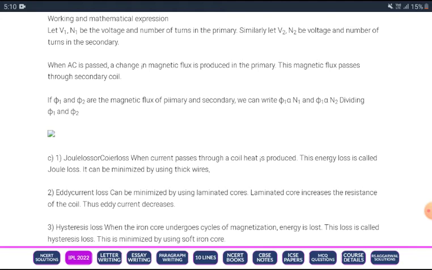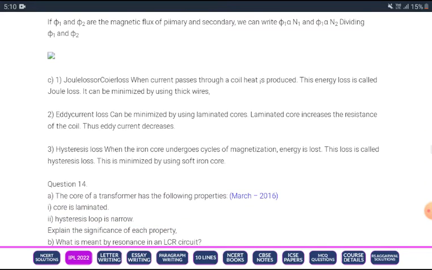Hysteresis loss: when an iron core undergoes cycles of magnetization and demagnetization, energy is lost, and this loss is called hysteresis loss, which can be minimized by using a soft iron core.